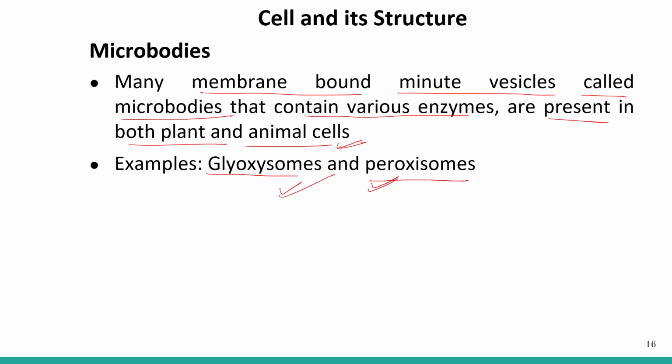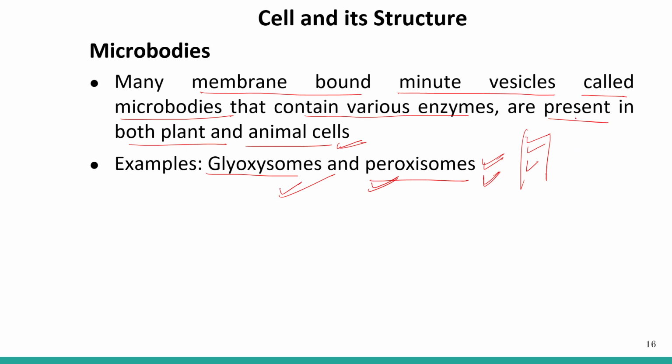If you remember the photorespiration part, it involved three different organelles: peroxisome, mitochondria, and chloroplast, right? So there comes the peroxisome. They contain many enzymes that are responsible for photorespiration.